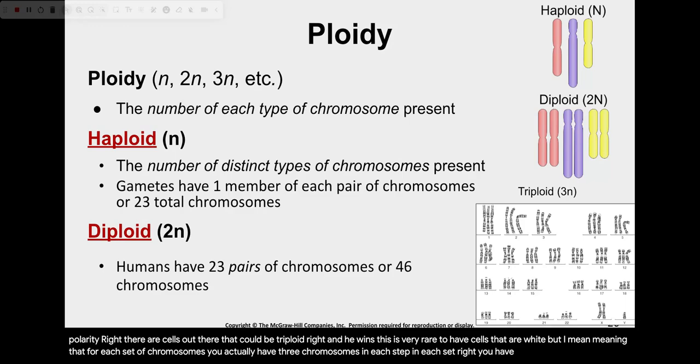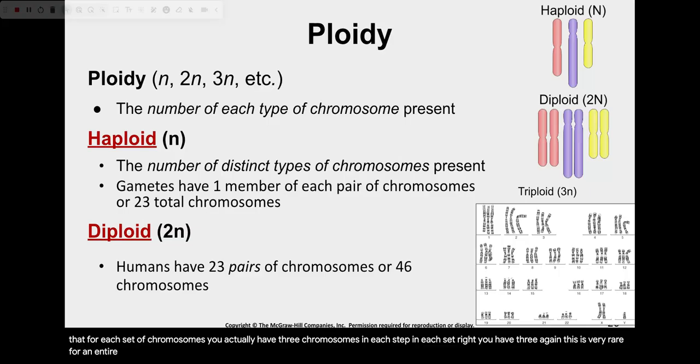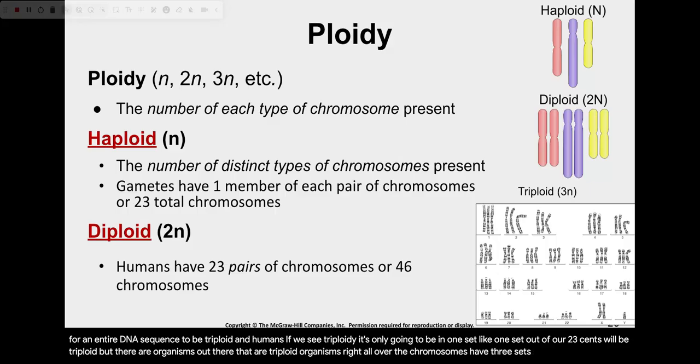Again, it is very rare for an entire DNA sequence to be triploid in humans. A lot of times in humans, if we see triploidy, it's only going to be in one set, like one set out of our 23 sets will be triploid. But there are organisms out there that are triploid organisms. All of the chromosomes have 3 sets.